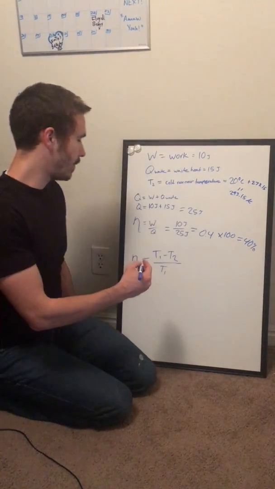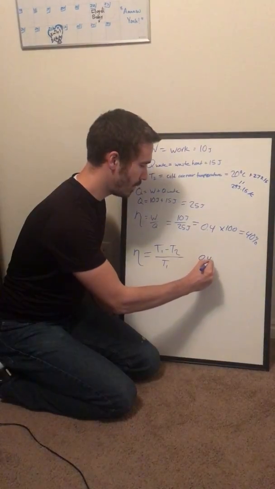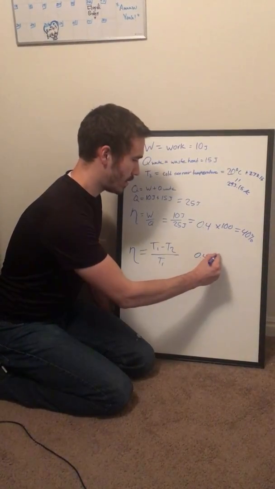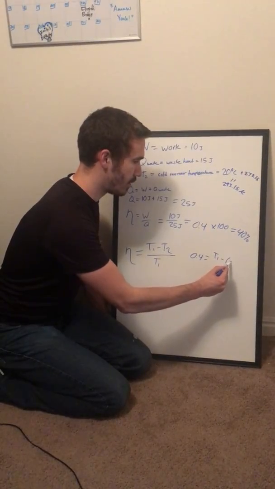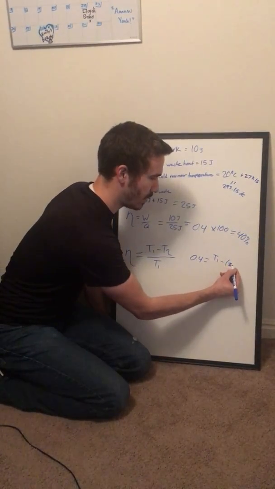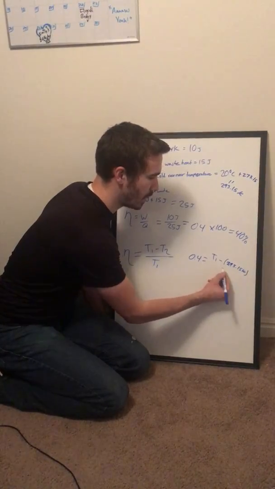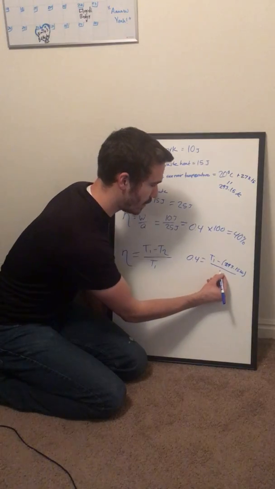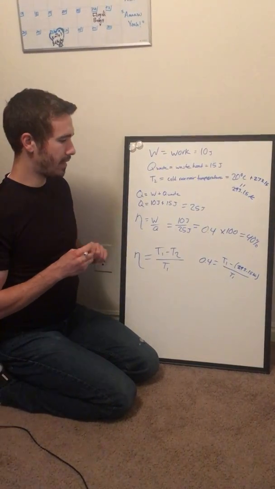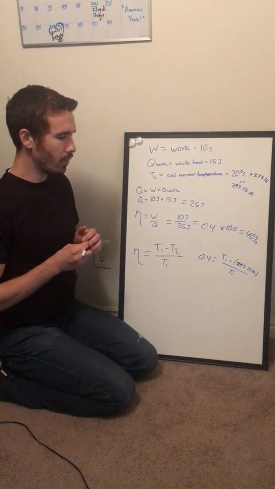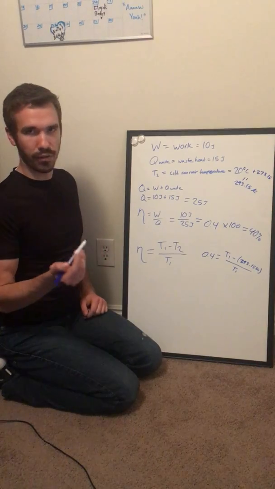So if we enter in everything we have, we get 0.4 equals T1 minus 293.15 Kelvin, divided by T1. Now we want to get it to where we only have T1 on one side and can just solve for T1.